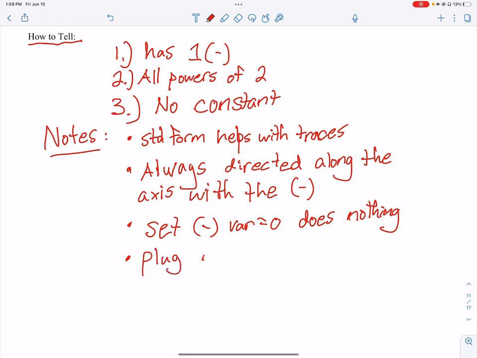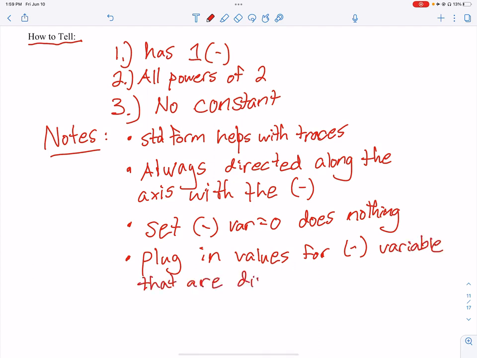Plug in values for the negative variable that are divisible by the denominator.